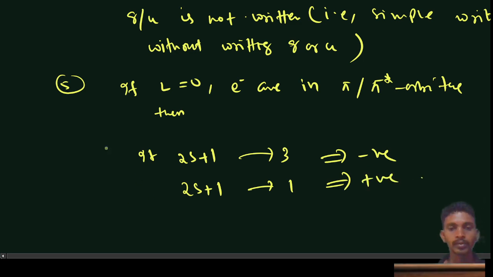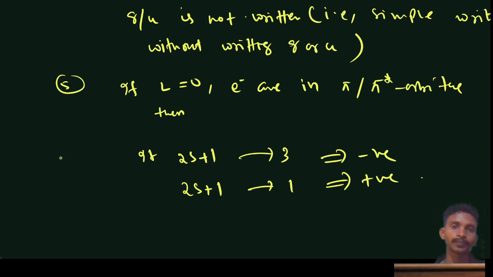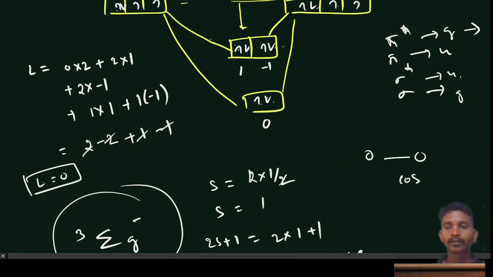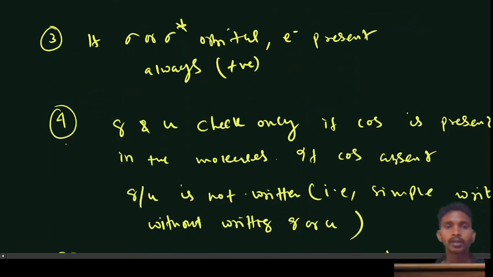Okay, that you have to look at. And if L equals 0 and electrons are in sigma orbitals, then it is always positive. There we need not check. That is the point I wrote.